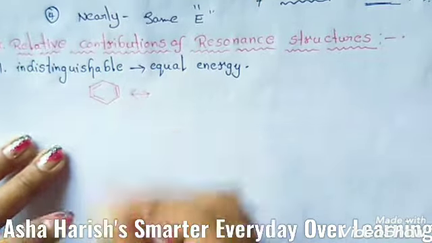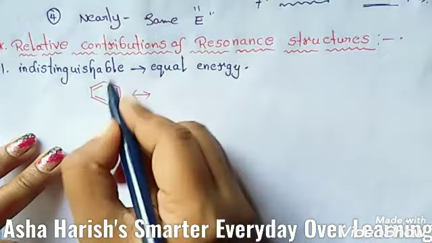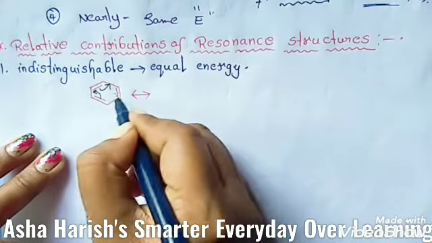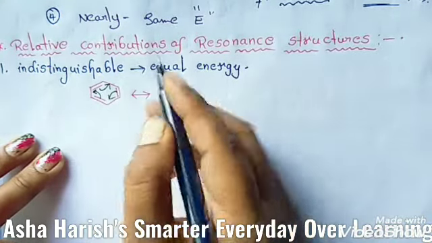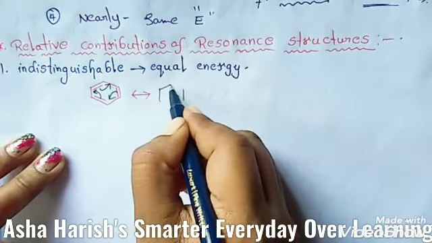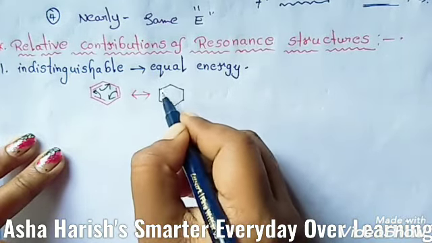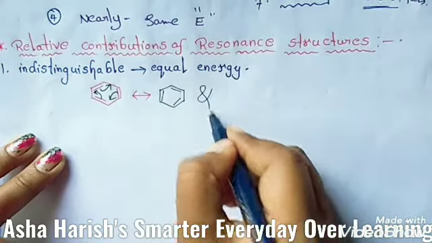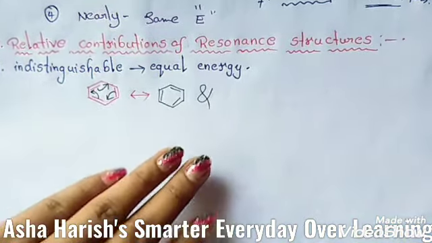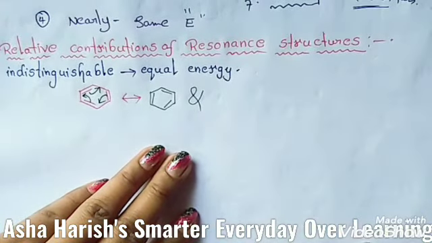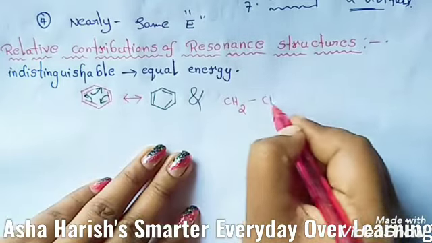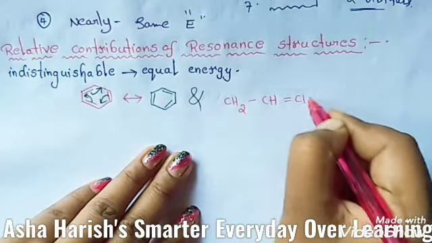From this, the shifting of bonds goes like this, from here to there and from here to there, and the formed structure is just the shifting of these bonds like this. This is the example of benzene, and the next example is CH2 CH double bond CH2.